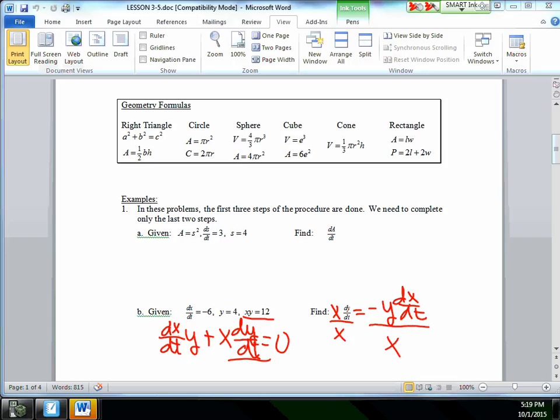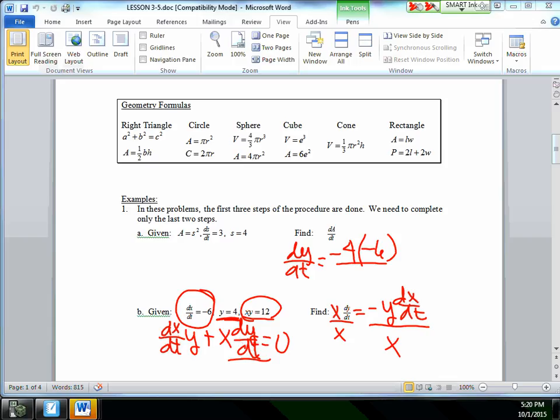Now, plug in what you know. I'm going to come up above. dy/dt equals negative y, which is 4, negative 4. What's dx/dt? It is negative 6 over x. Oh, we have a problem. I don't know what x is. Well, come back to here.